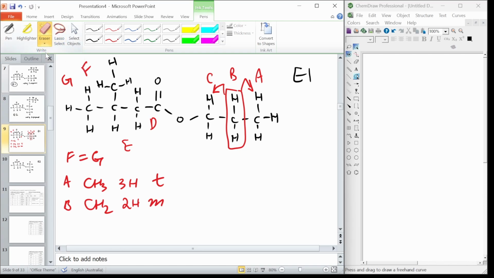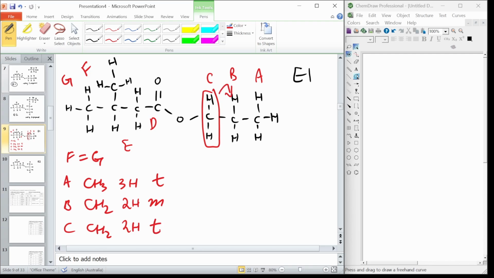Right, so then C is CH2 and 2H. C is going to see B, so it's a triplet.